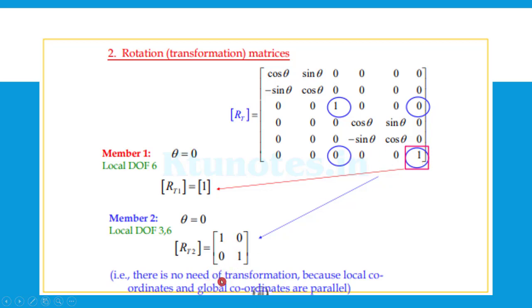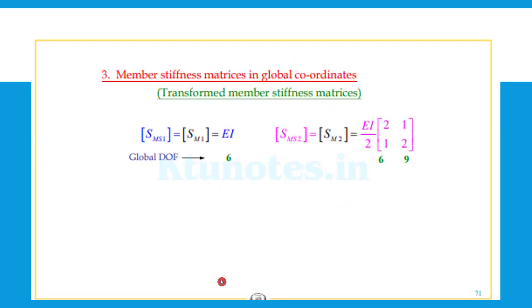There is no need of transformation because the local coordinate and the global coordinate are parallel here. And we have the member stiffness matrix in global coordinates given by SMS1, which in the structure's global coordinate is equal to the local one, EI for global degree of freedom 6 for member 1. And for member 2, SMS2 is equal to SM2, which is EI by 2 into 2, 1, 1, 2, for 6, 9.